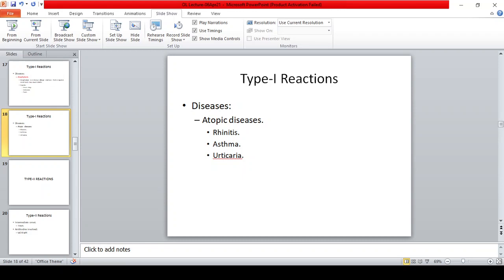Urticaria means the wheal formation, the reddish spots on the skin, which some persons develop time to time. So these are all examples of clinical diseases involving the type 1 reactions.